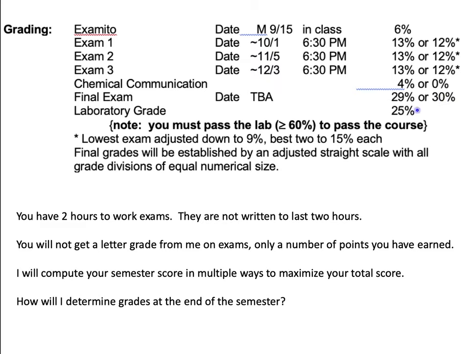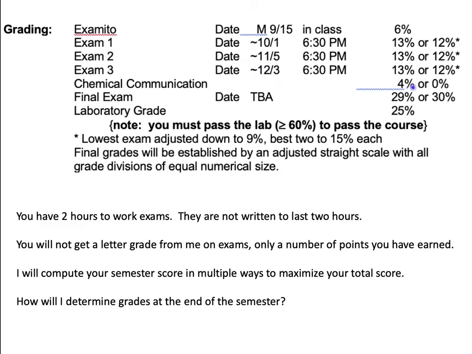Now I do give you a couple of ways that you can improve upon what those nominal scores would be. And so there will be a chemical communication aspect to the course. At the end of the semester, I'll decide, hey, is this person participating in class, participating in lab, and are they doing so rather well? If so, it's possible to get up to 40 points that way.